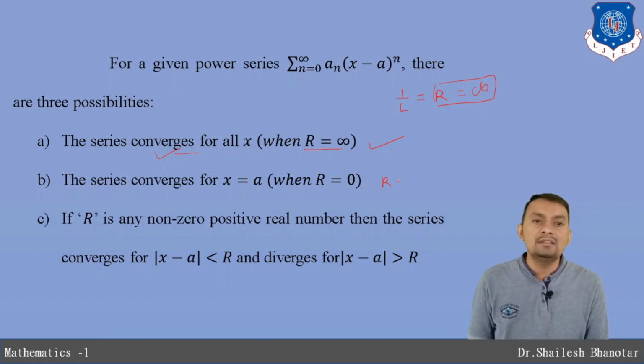If r is equal to 0, then definitely we can say that the series converges only at the center, that is x is equal to a. If r is a non-zero positive real number, then the series is convergent when this happens, and divergent when this happens.